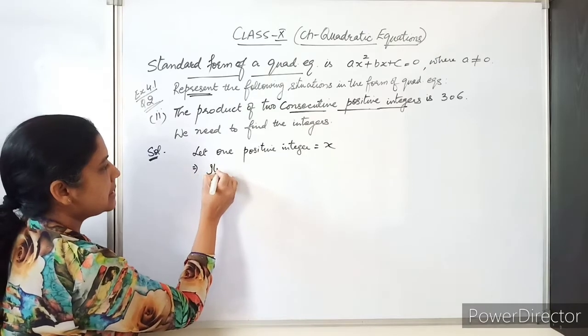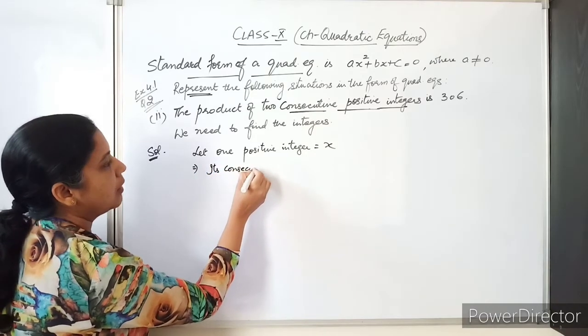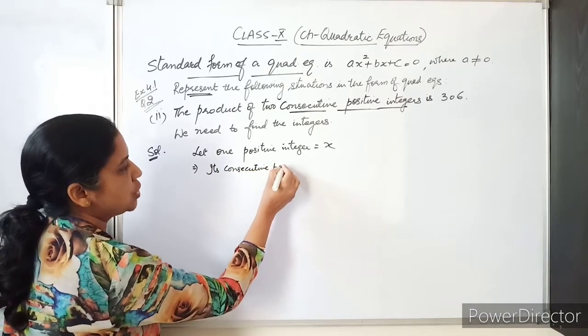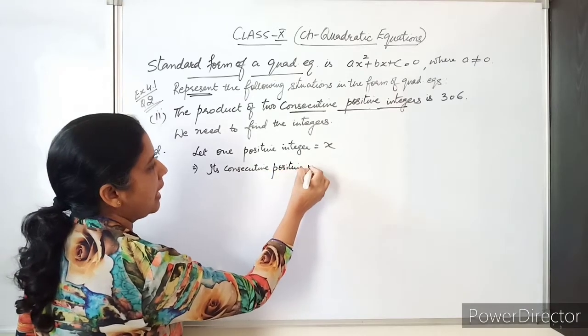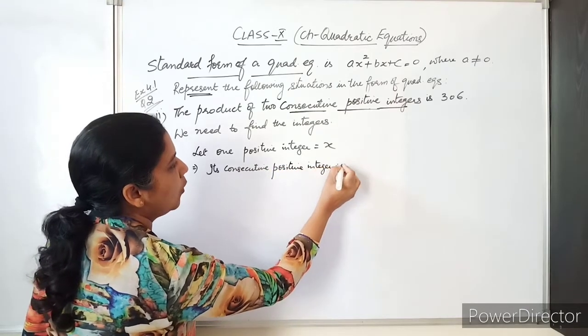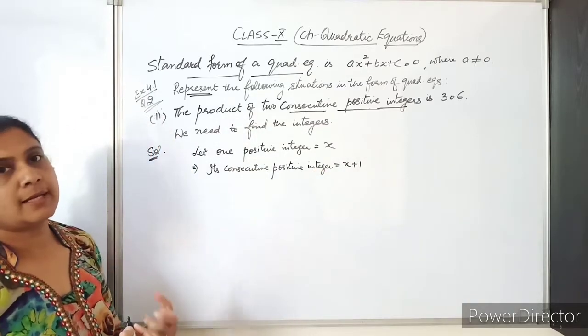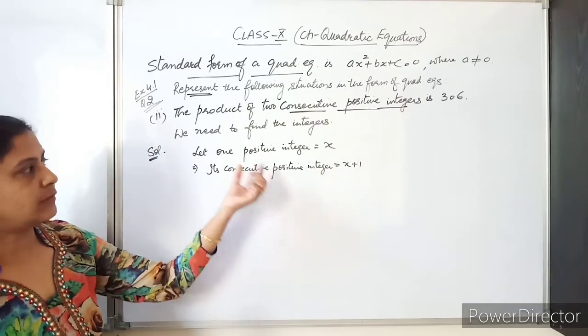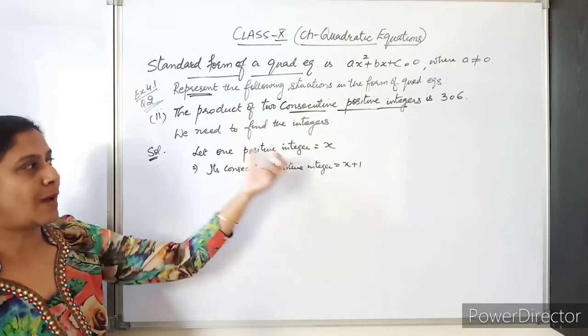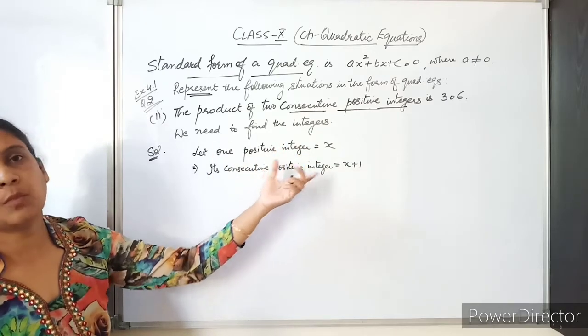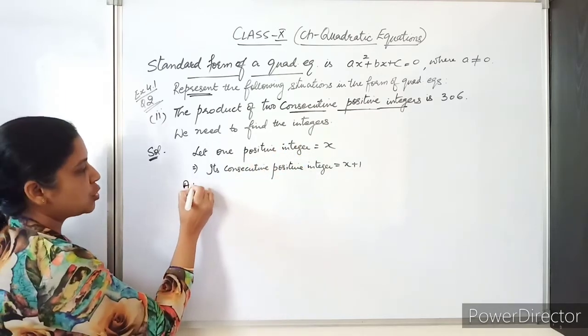Its consecutive positive integer has to be x plus 1, because consecutive means they should be adjacent numbers. And if I have taken x positive, x plus 1 is definitely going to be a positive integer. So our supposition is very much correct.